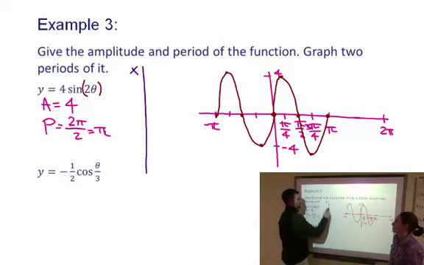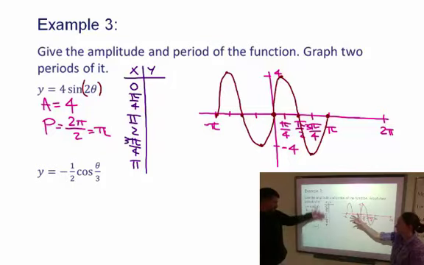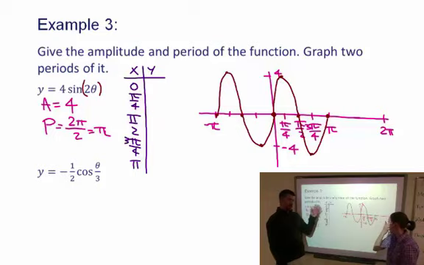I was just going to write down, if you need to see this part, what my x's and y's were. We went 0, and then all the way to pi, and then I cut that in half, made it pi over 2, and then cut that in half. So if you were using a table of values, those would be the best numbers. Use your circle card, and they work out.